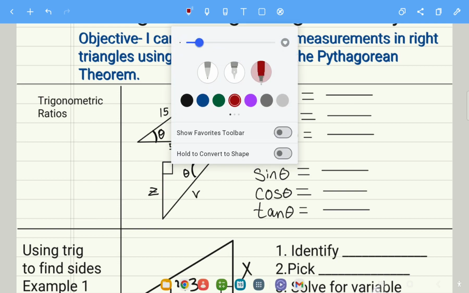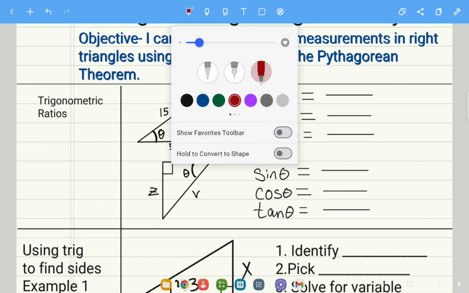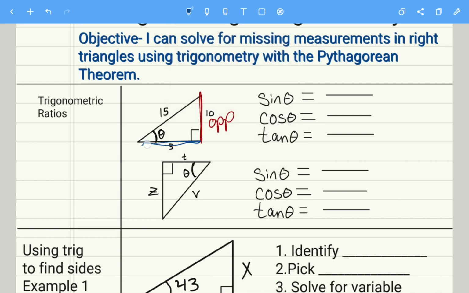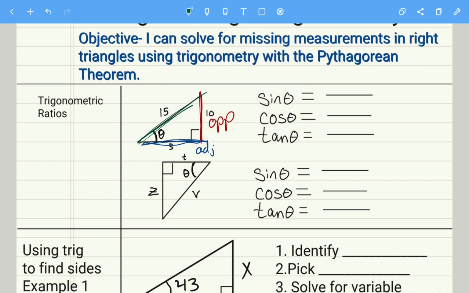Our first step is to always label the sides. So I know with this top triangle, my opposite is right over here. My adjacent is down here. And my hypotenuse is right here.